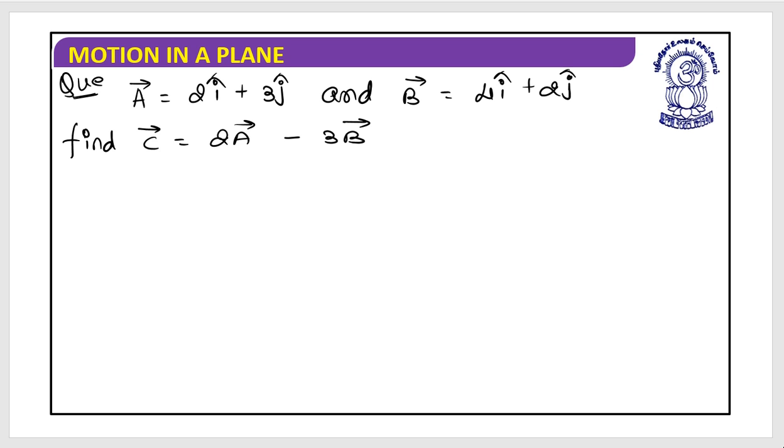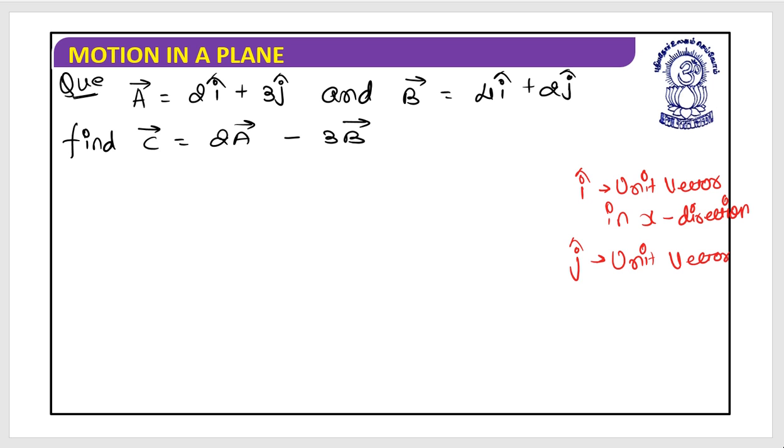Now you must know that I cap represents the unit vector in x direction. J cap represents the unit vector in y direction.